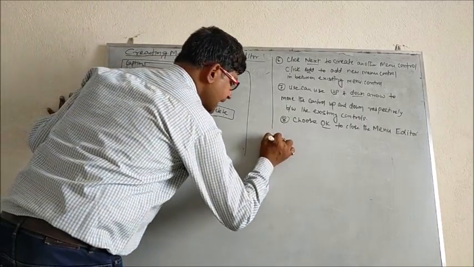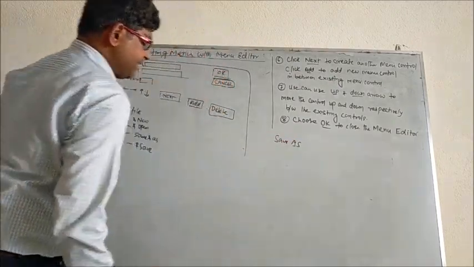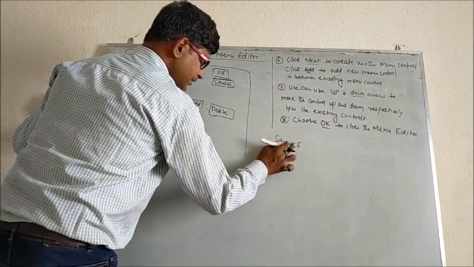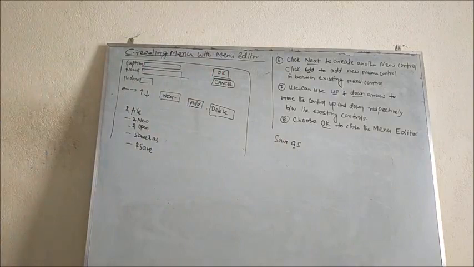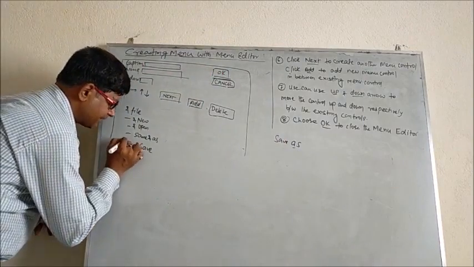That is Save As, right? This A is small, so keep it small only. Okay, right. Now what is the new one you have taken? Save. This is the new one you have inserted, right?